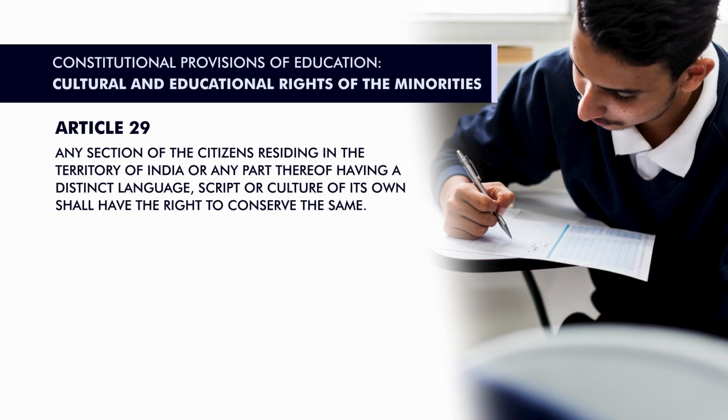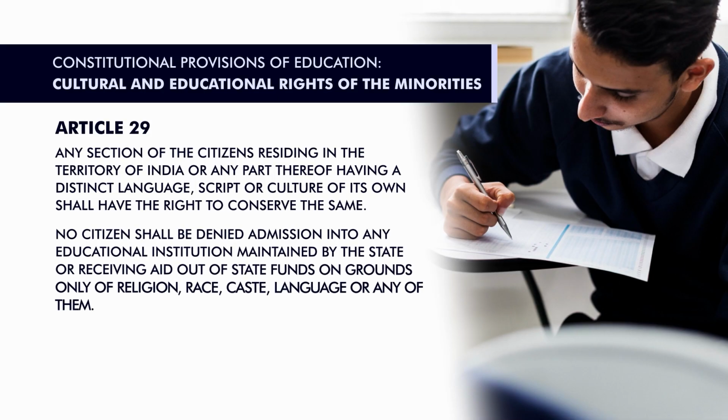Try to understand the language that the citizen practices, the script that the citizen practices, the culture that the citizen practices, it is their right. Our constitution in Article 29, the right has been given to the citizens that they can preserve, they can conserve their culture, their language and their script.